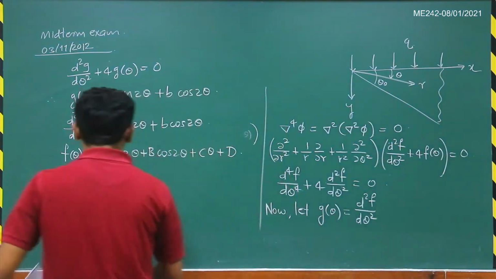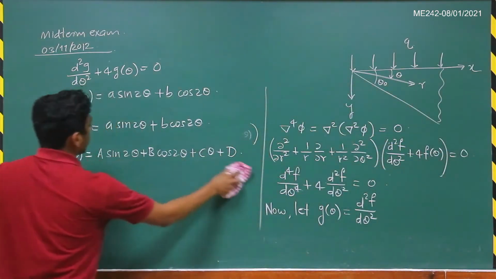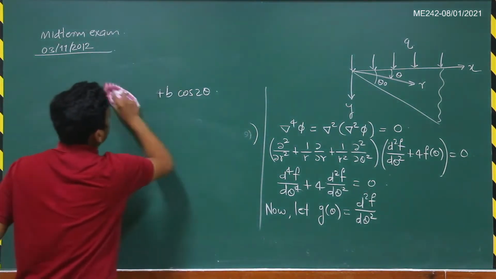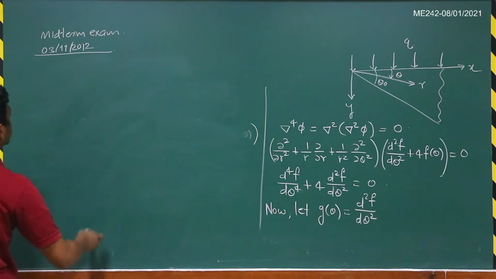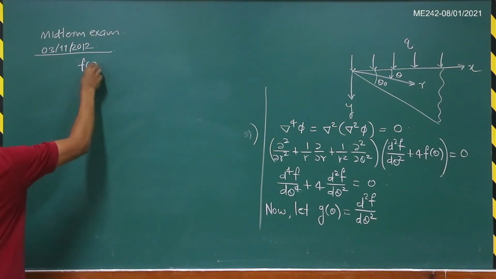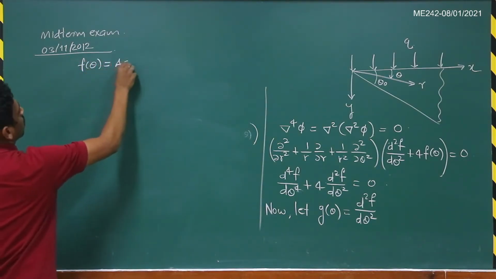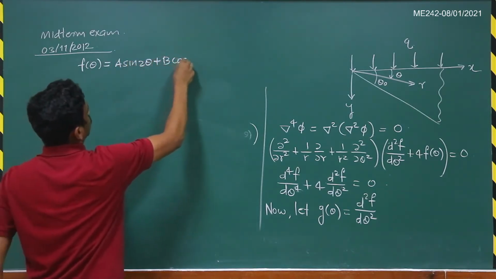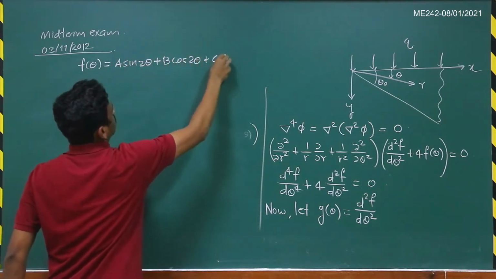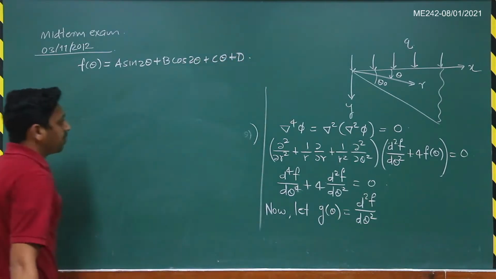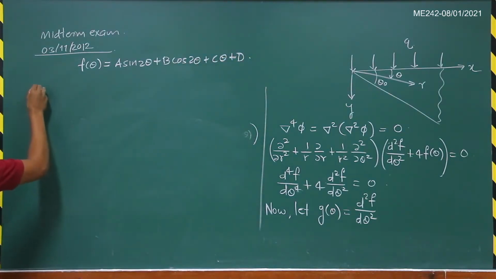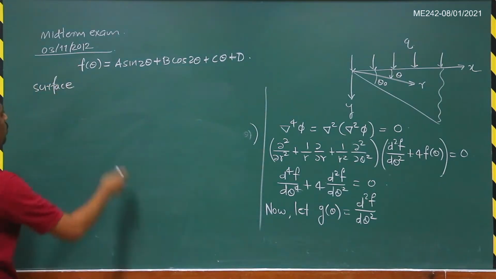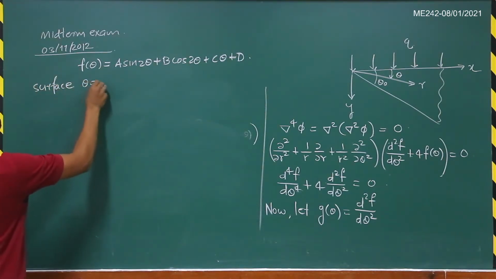So let us consider now. I'll just write this form of f somewhere, and we'll now write the traction boundary conditions. We have f of theta equals a sin 2 theta plus b cos 2 theta plus c theta plus d. Now let us consider the surface or edge theta equals 0.